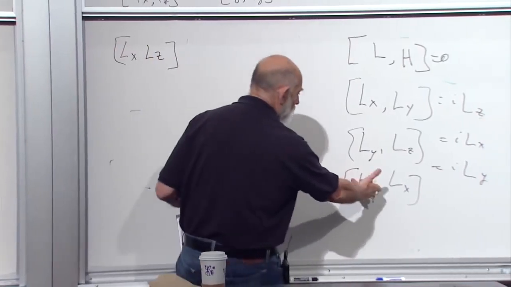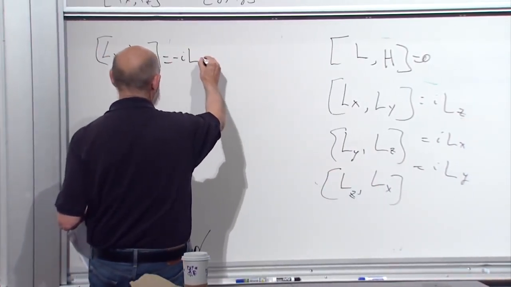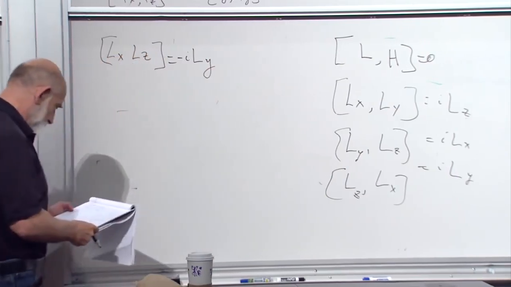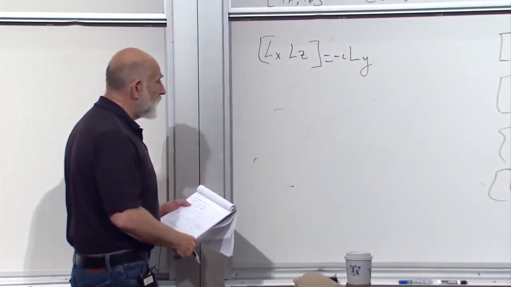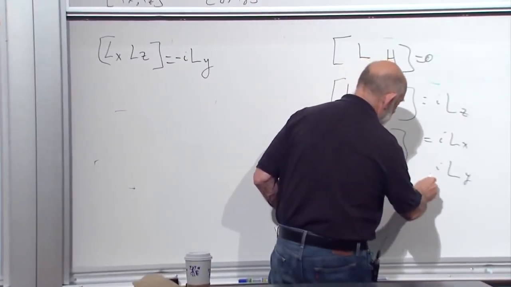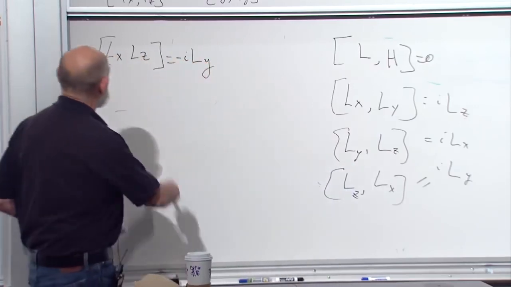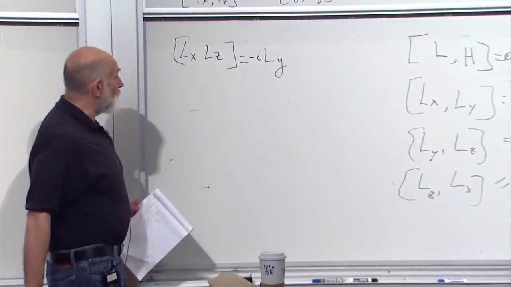I've changed the order of x and z, so that's minus i Ly. Do I have that right? Yeah. That's this one over here. And since I changed the order of x and z, that changes the sign.